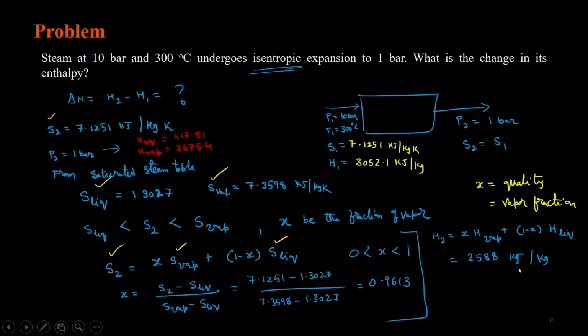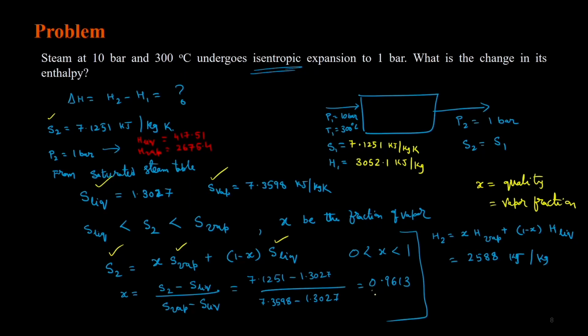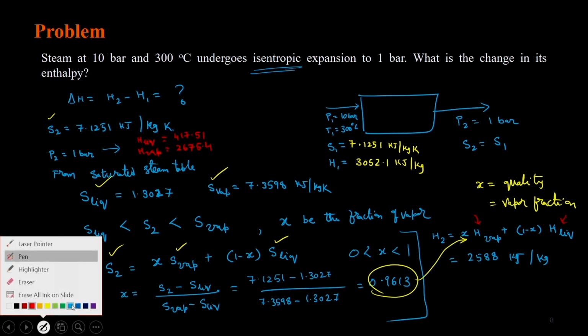I already know X from here. I'm going to put that value here, and then the two values of H liquid and H vapor from the saturated steam tables here. Once I do that, I can calculate H2 to be 2588 kilojoules per kg.